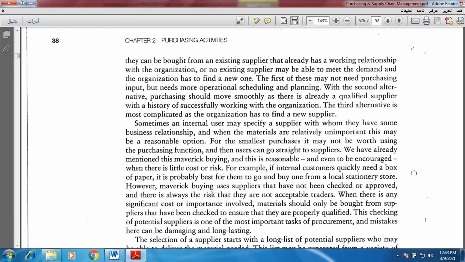The procurement staff and the purchasing department are qualified enough to assess the suppliers available and to give us the relaxation that we rely heavily on people who are qualified enough to assess the suppliers and find the qualified ones.